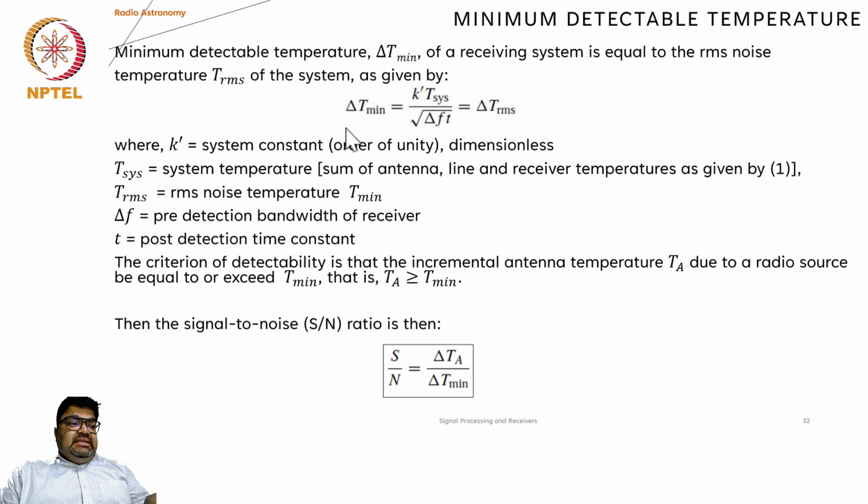That means system temperature has to be lower, because that is in the numerator, and delta F has to be larger to reduce delta T min, and T, the time of observation, also has to be larger to reduce this delta T min. This makes sense because time samples and frequency samples will reduce the noise, at least the fluctuating components of the noise, which are basically white noise components.